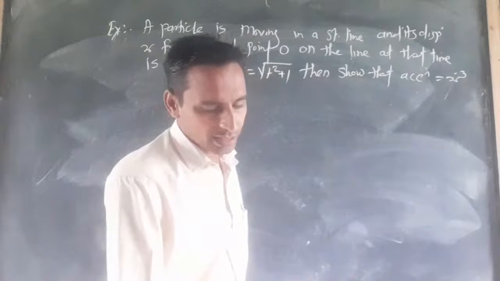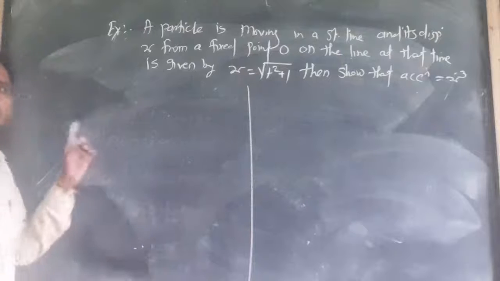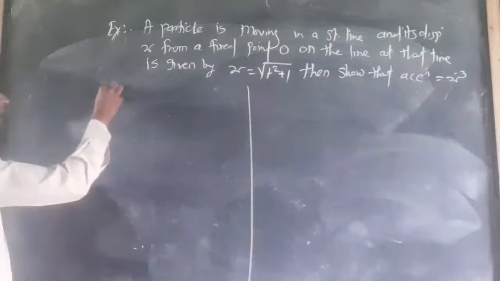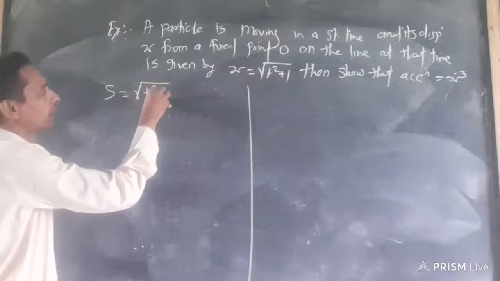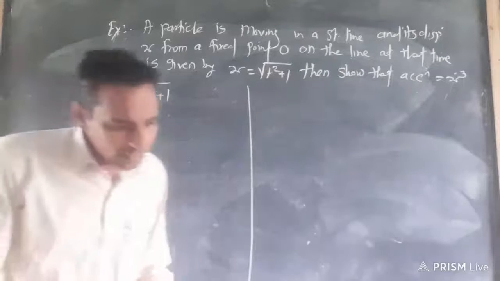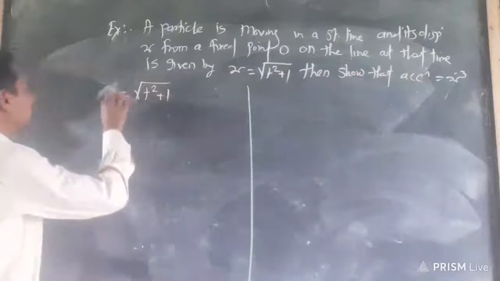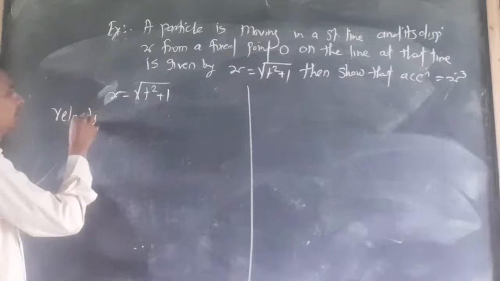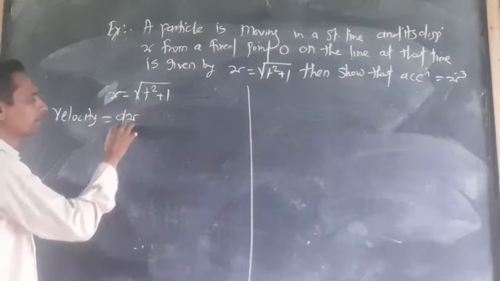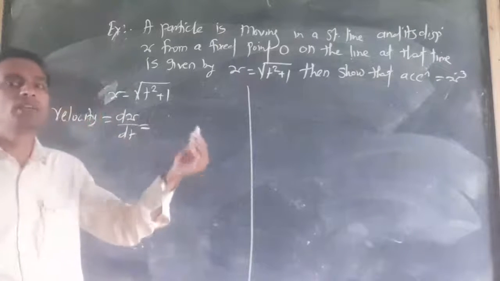Now friends, we will see the given example. Here x is equal to root of t square plus 1. First find the velocity. Velocity means dx by dt. We know velocity means derivative of displacement.